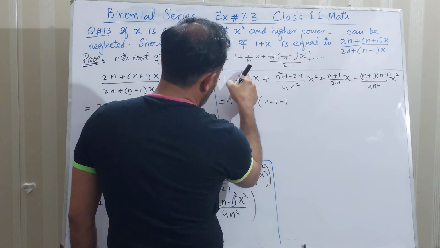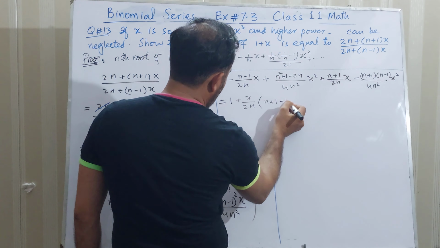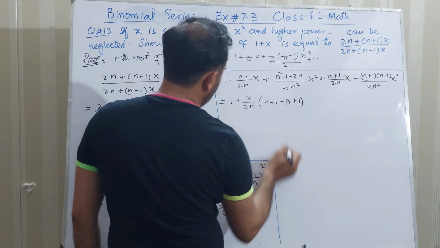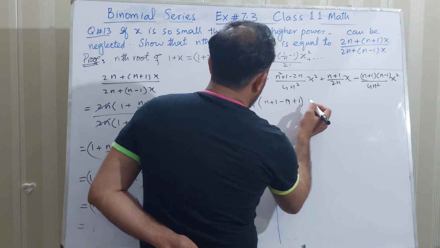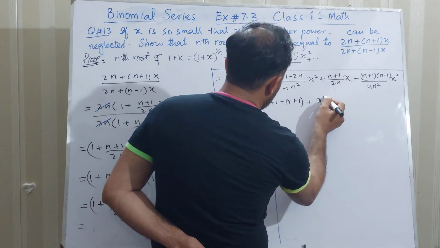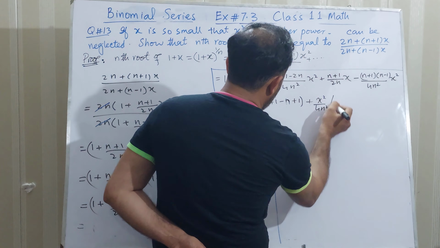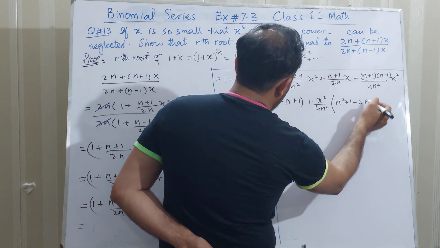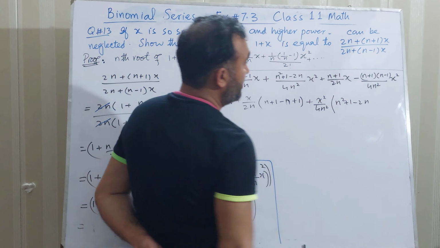This minus is multiplied with this n, so it will be minus n plus 1, right? And if we take x squared by 4n squared common, it will be n squared plus 1 minus 2n, and this is basically equal to n squared minus 1.